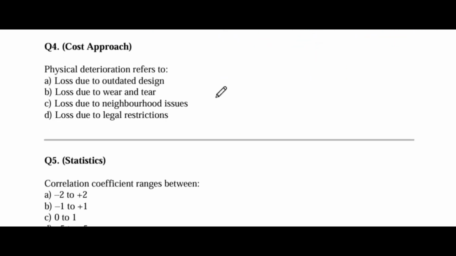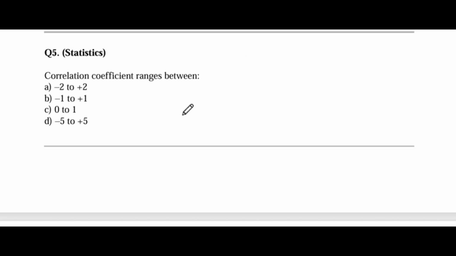Physical deterioration refers to loss due to outdated design, loss due to wear and tear, loss due to neighborhood issues, loss due to legal restrictions, loss due to wear and tear. Statistics. Correlation coefficient ranges between -1 to +1.